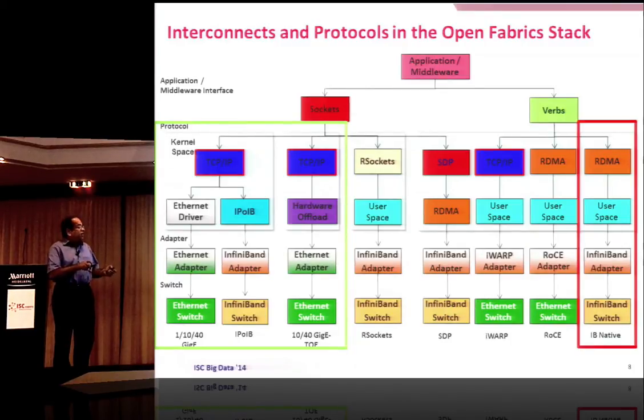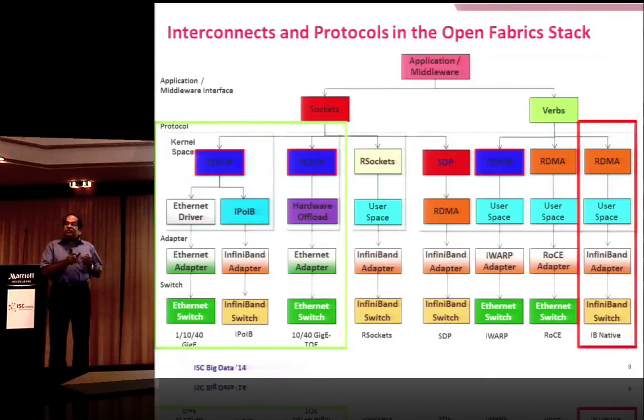But on the right-hand side, this is where a lot of stacks have started moving. For example, here the applications and the middleware, instead of being written with sockets, you try to rewrite them with a lower-level networking layer called Verbs. And that is the Verbs layer, which actually supports the RDMA interface. Then that goes through the user-level communication protocols and RDMA, and let's say it is running over InfiniBand, so I'll call it IB native.